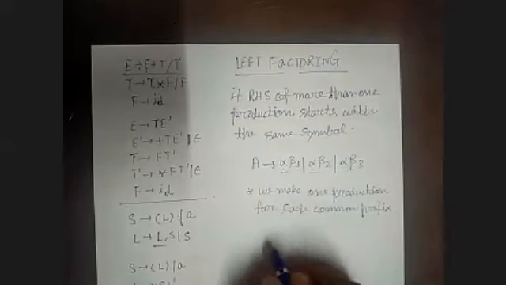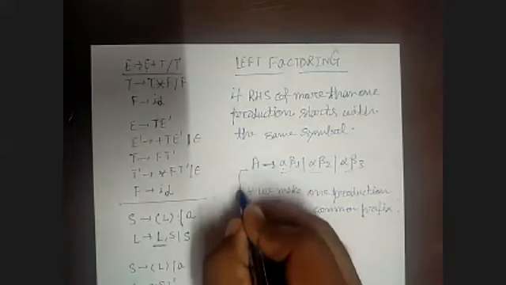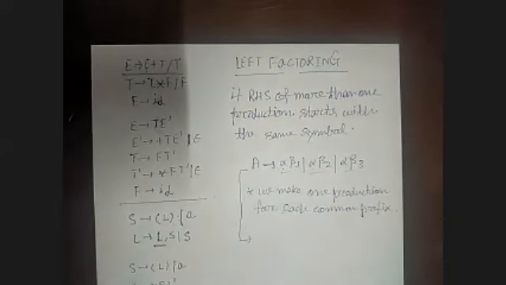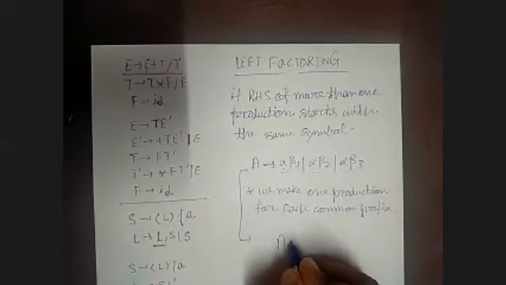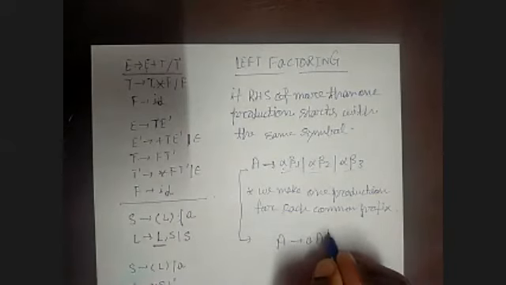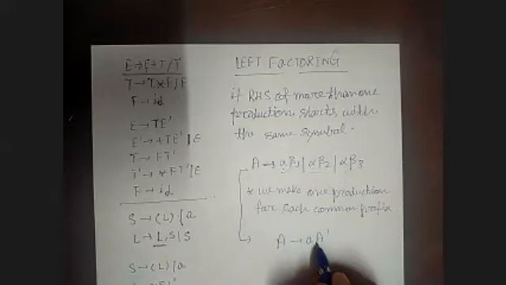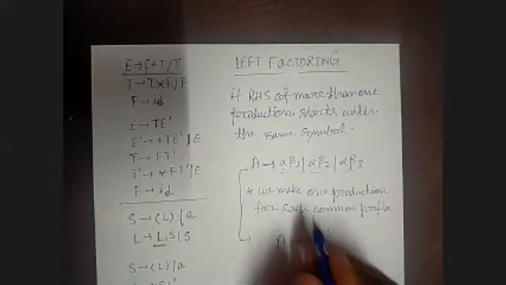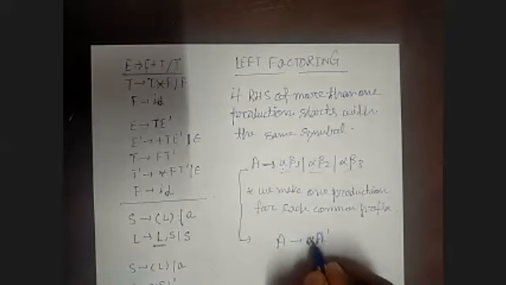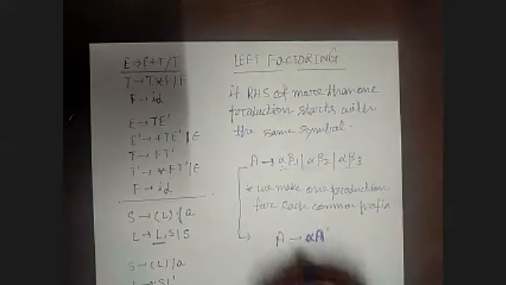So how will we remove it? Suppose we take this example. If you want to remove the left factoring in this part, we create one more production. A tends to alpha A dash. We rewrite the production A equal to alpha A dash, not A. Now we are talking about the A dash.